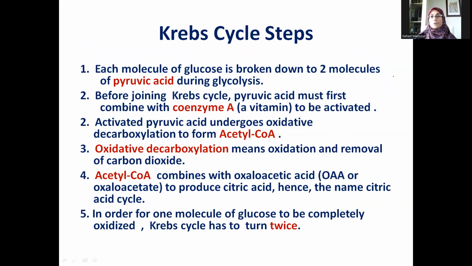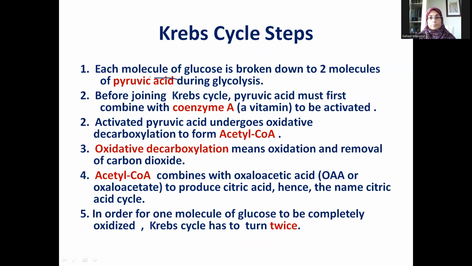What are the steps of Krebs cycle? Of course, you have the diagram for Krebs cycle in the book, but you're not supposed to know the details. You are only supposed to understand the events of Krebs cycle. As we said, at the end stage of glycolysis, we broke down glucose into 2 molecules of pyruvic acid.